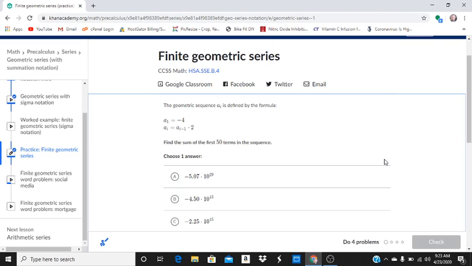It says geometric sequence a sub i is defined by the formula a sub 1 equals -4 and a sub i equals a sub i minus 1 times 2.